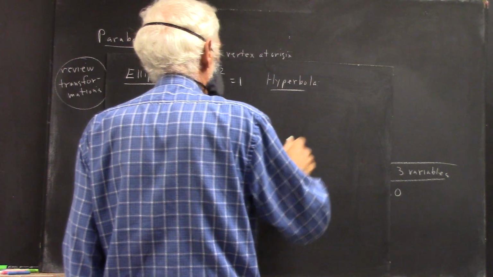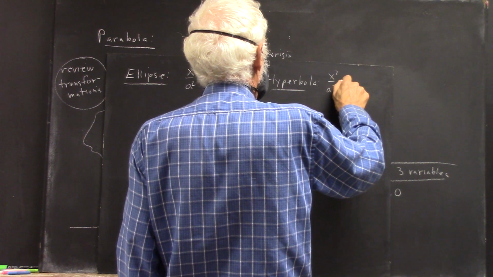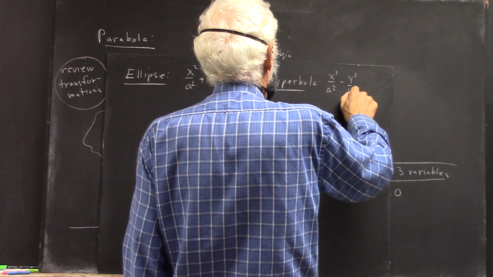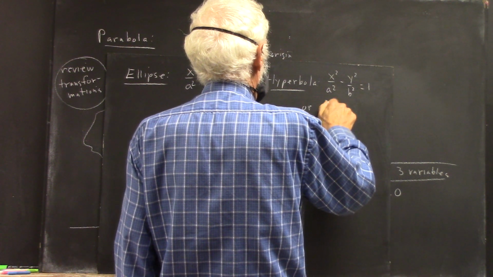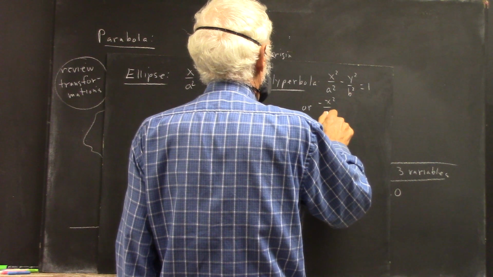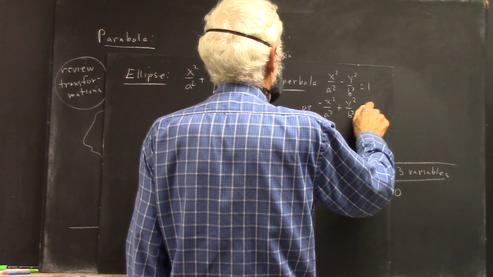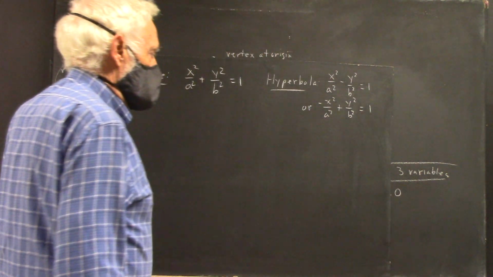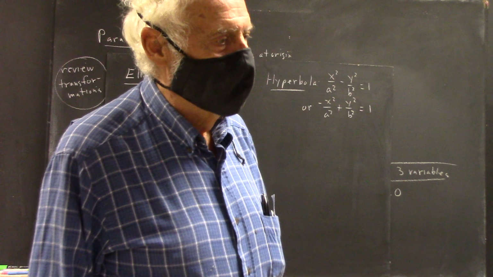Hyperbola has a form negative x squared over a squared plus y squared over b squared equals 1.